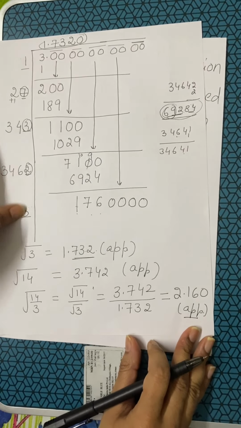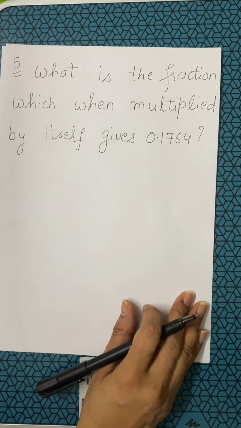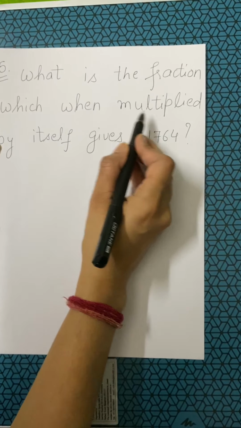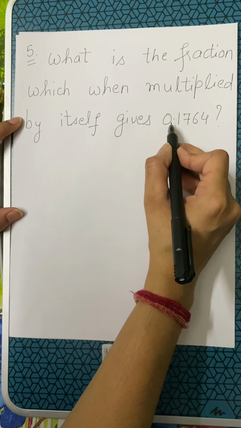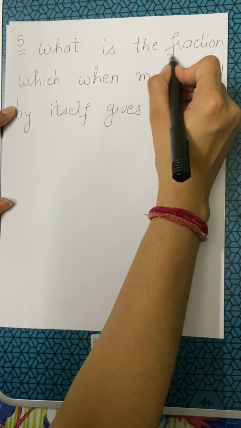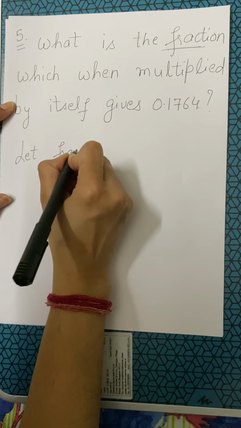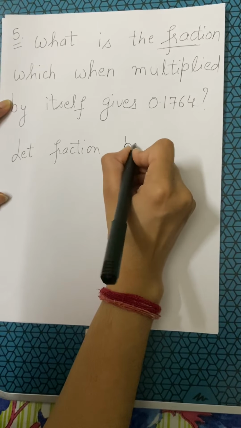Okay, now students, one more type is there. Let us discuss that question. What is the fraction which when multiplied by itself gives 0.1764? We don't know the fraction here. So let the fraction be x.